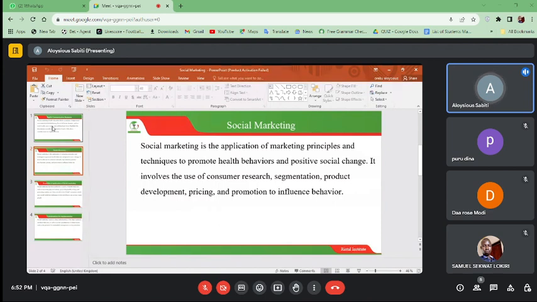So then you have to segment, meaning you have to divide different ways or methods of trying to attract these consumers. And then your product development should be attractive in terms of your packaging. How do you package your product? How do you develop your product?